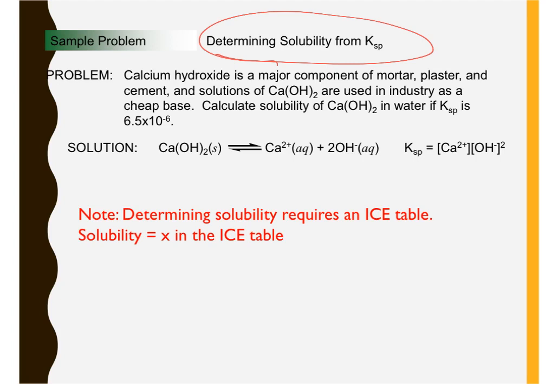The other problems we've done so far have either calculated Q and compared it to K, or just written equilibrium expressions. But in this case, you're actually asked to calculate the solubility. So first of all, what is the solubility?